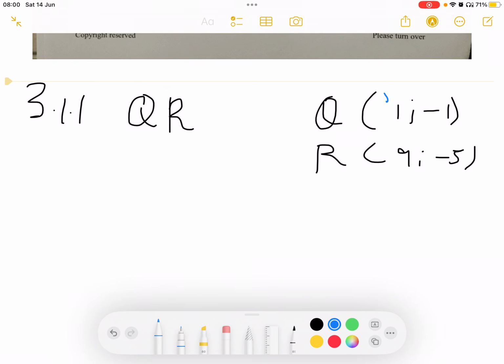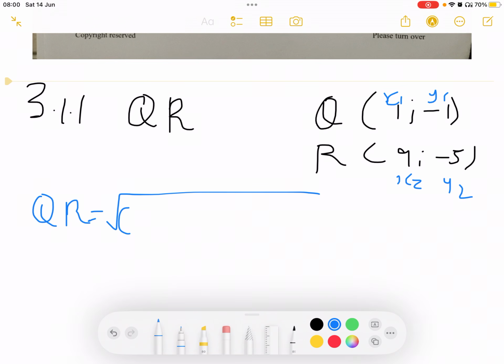Then always label x1, y1, x2, y2. Now the length of QR can be given by the distance formula: the square root of (x2 minus x1) squared plus (y2 minus y1) squared.